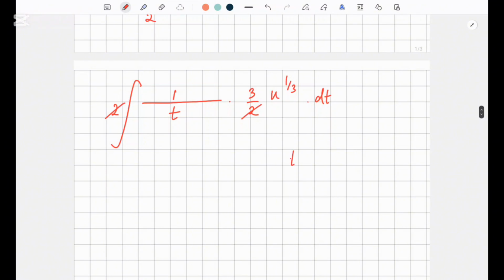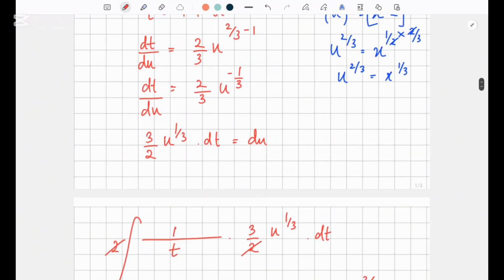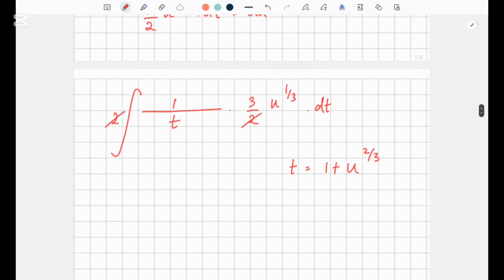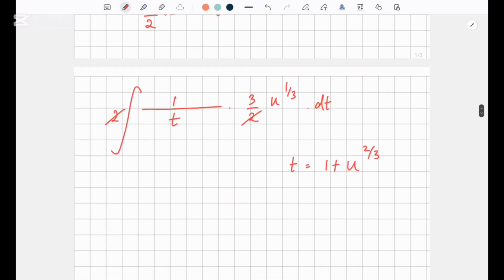So if t equals 1 plus u to the power 2 over 3, how do you find u to the power 1 over 3? You can write t minus 1 equals u to the power 2 over 3. And now to make u to the power 2 over 3 into u to the power 1 over 3, what do you do?